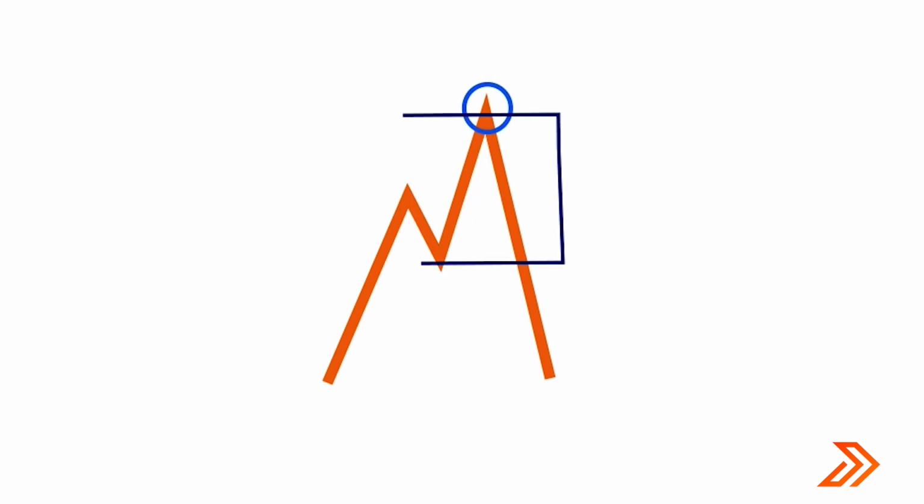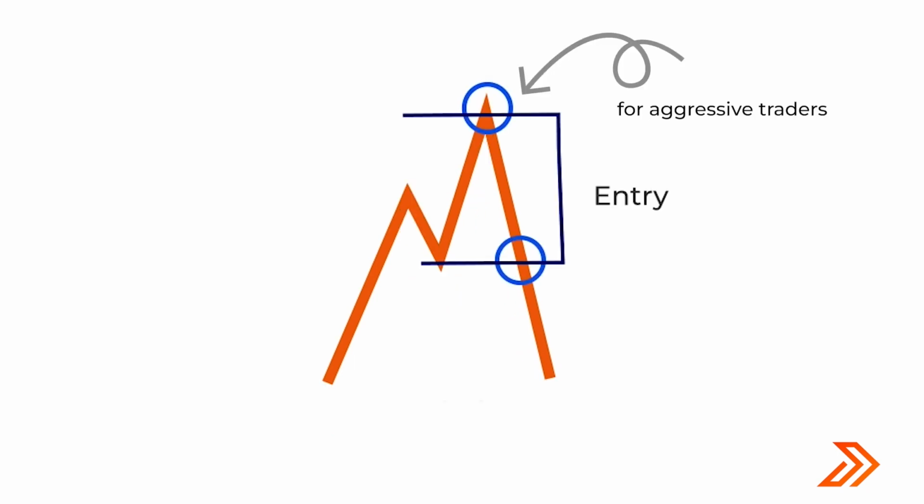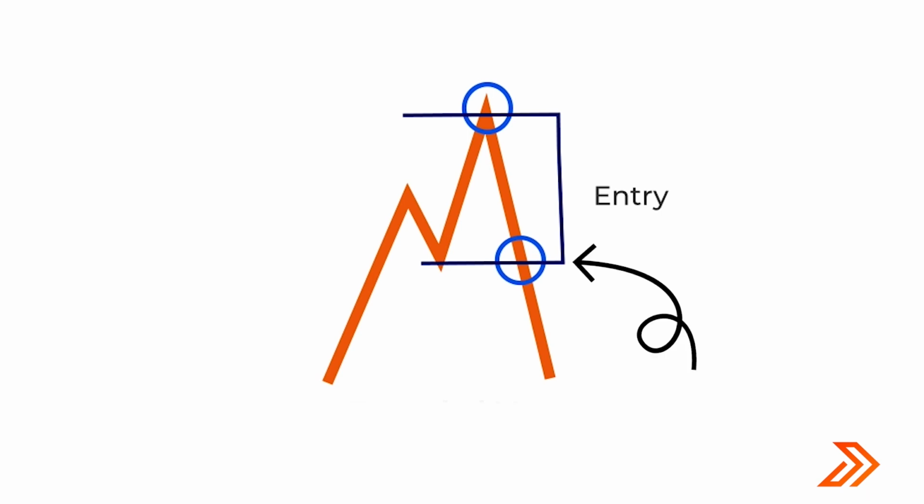Once they've accumulated enough orders at this region, that is when they start to push price back down. If you're an aggressive trader, you could place your entry at this peak where the new high is formed, and your stops could be above here. But if you're a conservative trader, you could wait for price to break this neckline, and then place your orders at this neckline.